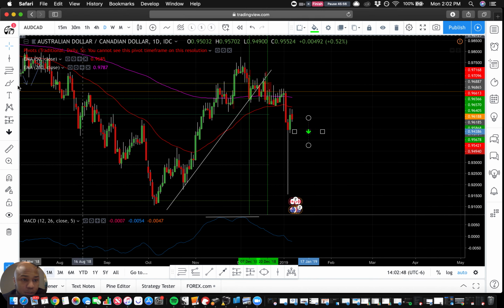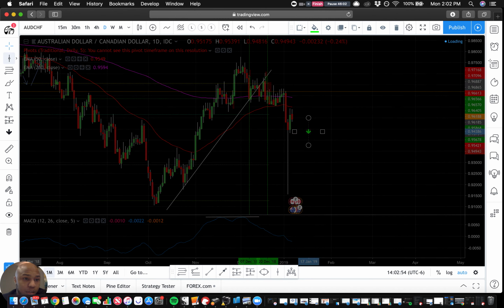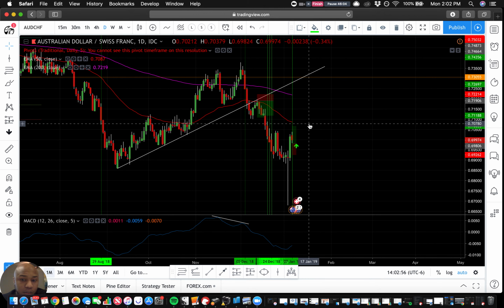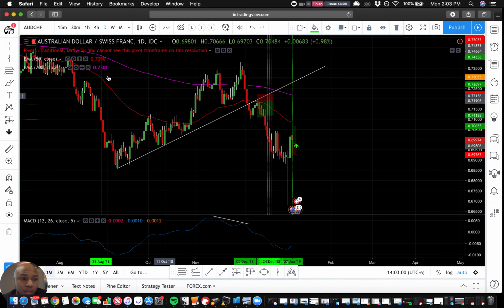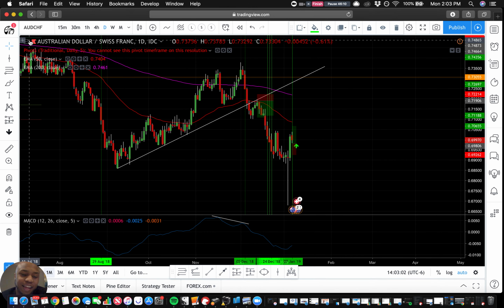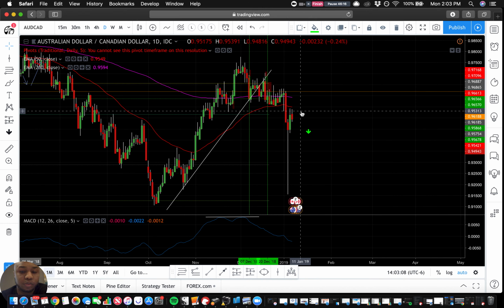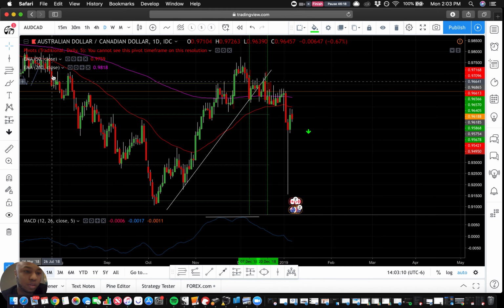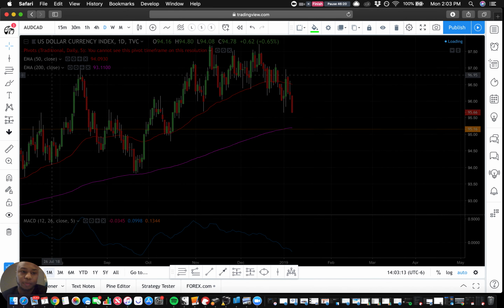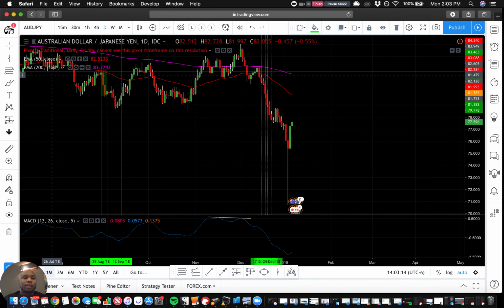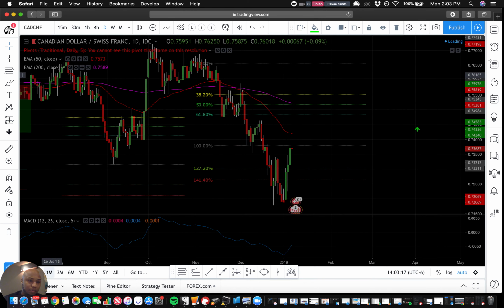CAD is stronger than CHF, so I think CAD has a more likelihood of going down. AUD CHF has less likelihood of going up than AUD CAD has of going down. So I feel stronger about this. That's all I'm saying. And I hope that makes sense since CAD is stronger than CHF.